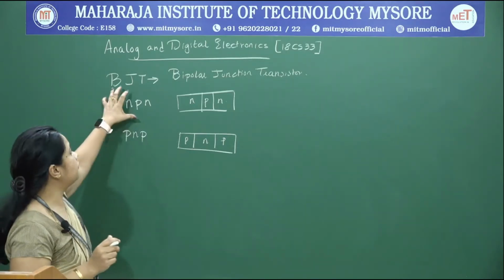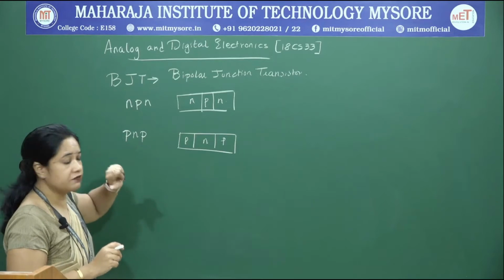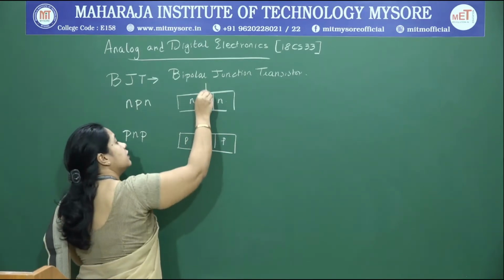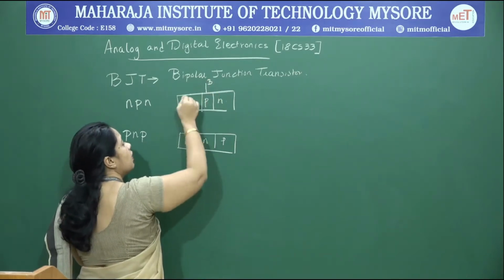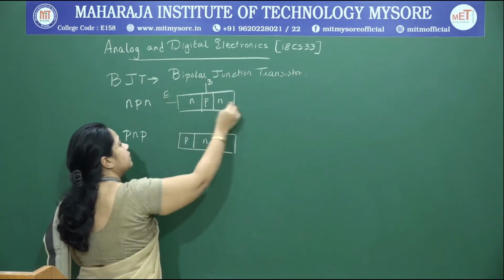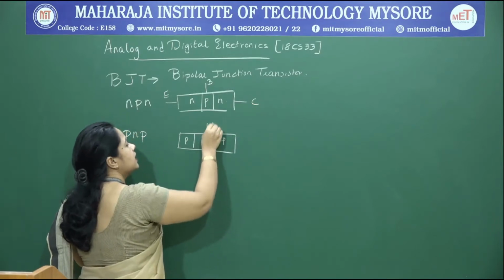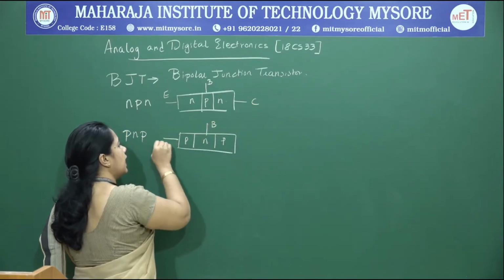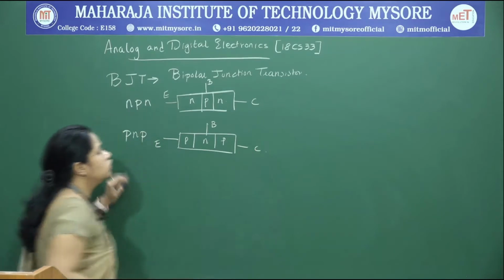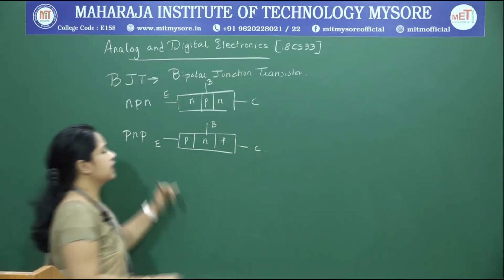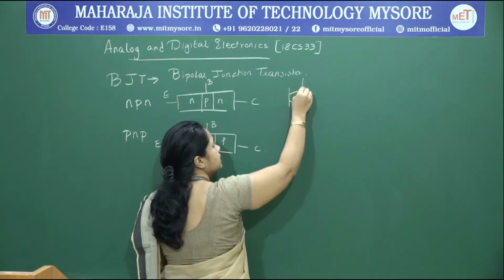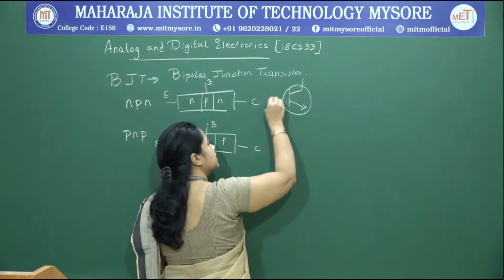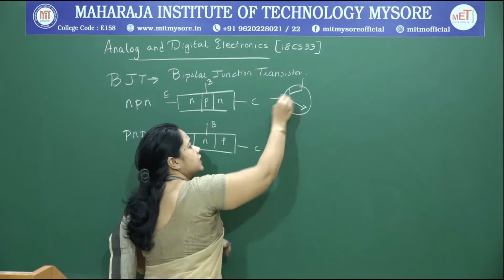And BJT is a 3-terminal device. We have 3 terminals drawn: the terminal drawn from the center we call the base, the one which is heavily doped we call the emitter, and the other one is the collector. So these things you have already discussed. Coming to the symbolic representation, an NPN transistor is indicated using this symbol.